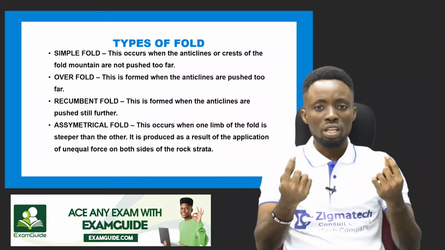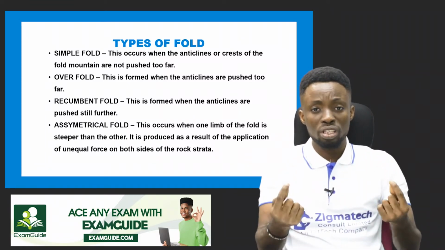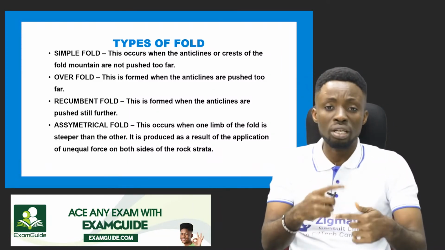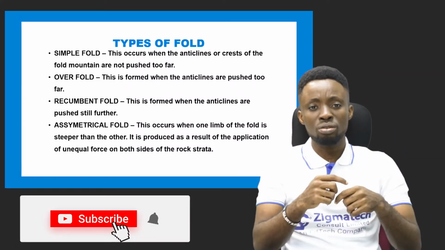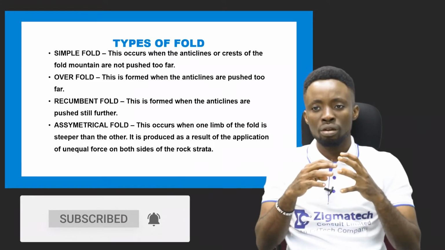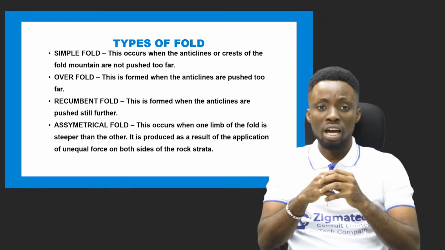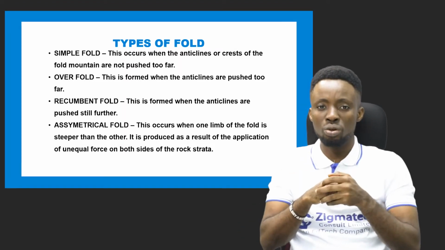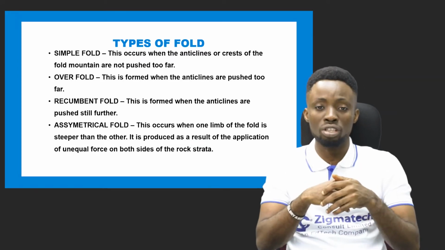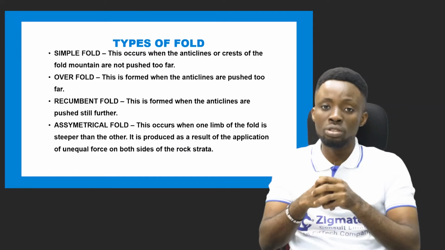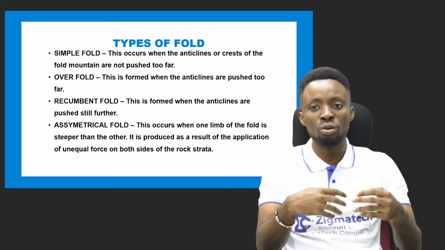But when we say the fold is an overfold, it is definitely at the point where the anticlines are being extended to a further distance. So a stretch of the anticline or the upfold will actually result in what we call an overfold.